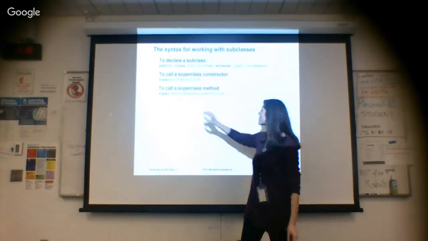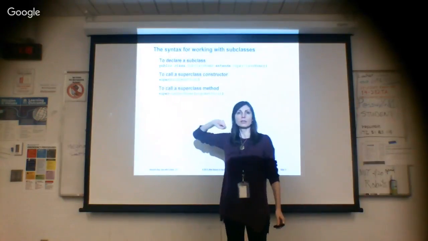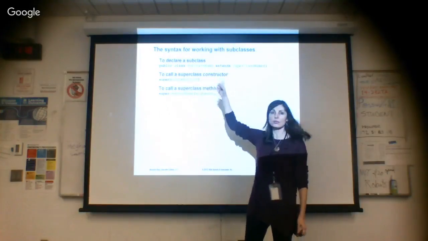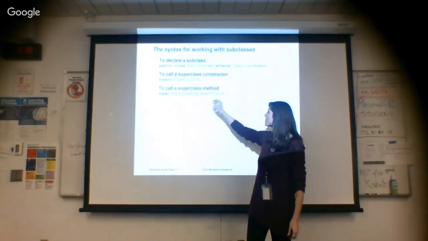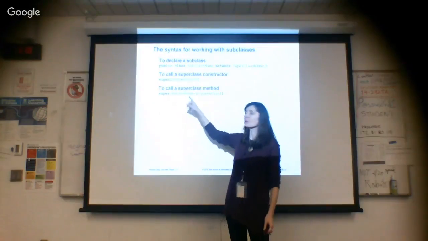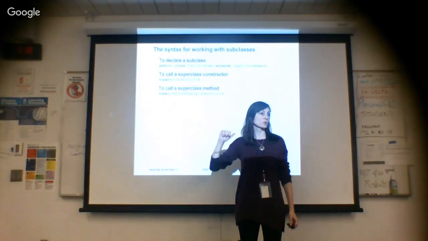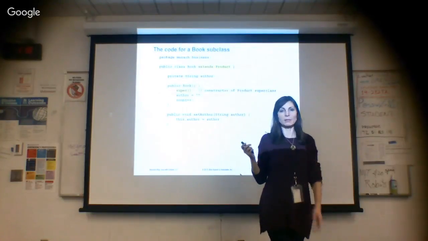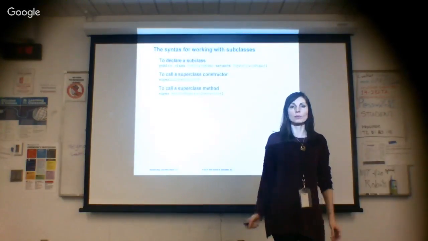And you do this by calling the super keyword. So super, and then any argument list, will call the constructor of the superclass. And you can also use it by saying super dot method name of the superclass. So that's another new keyword that is just becoming known to you right now.